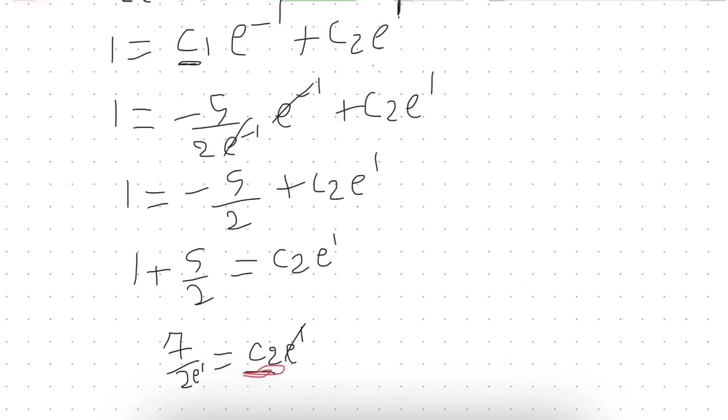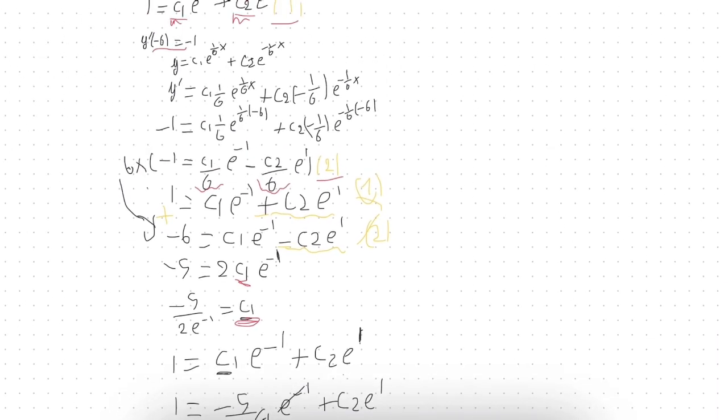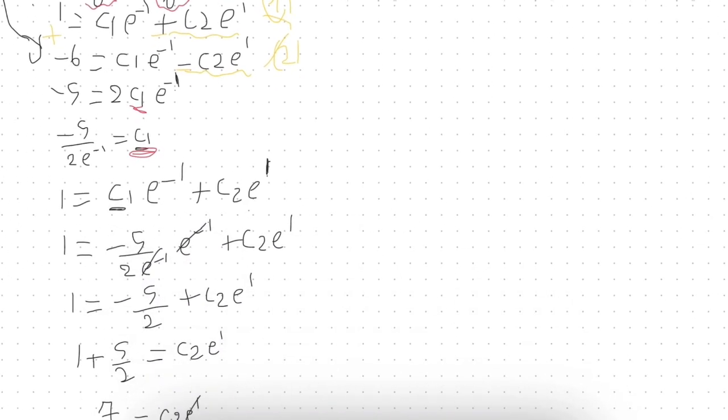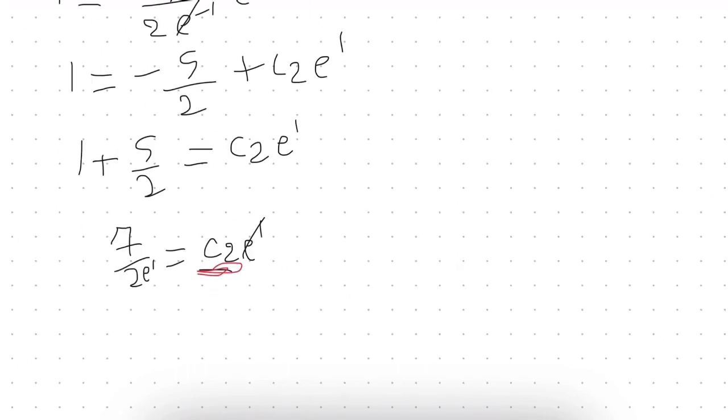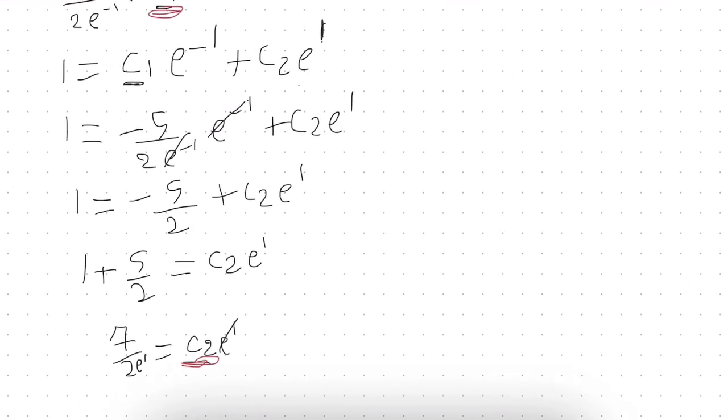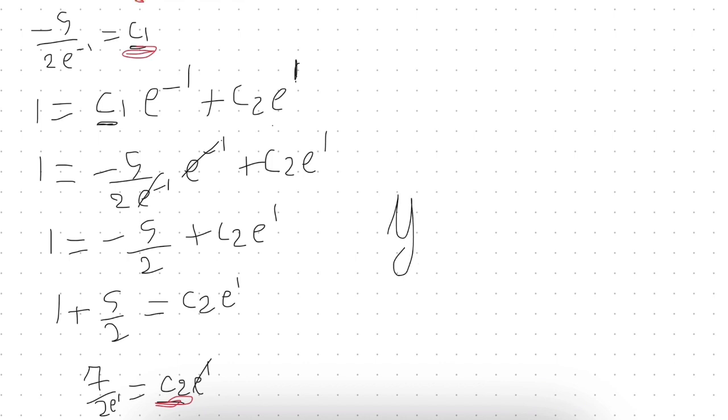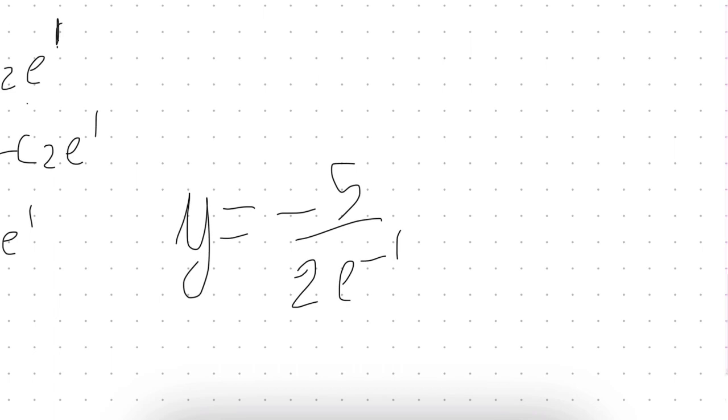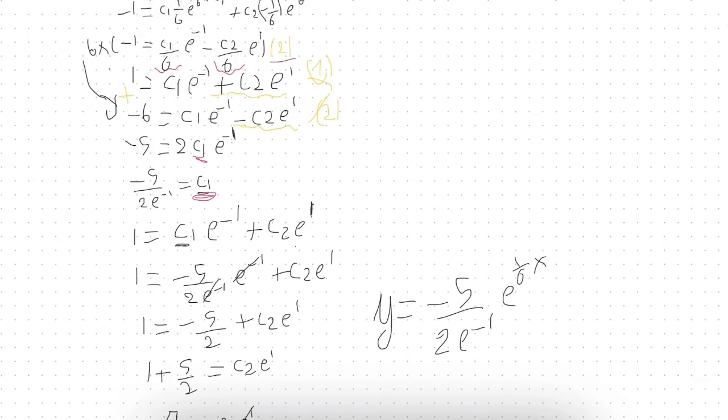Now that we found these values, we're going to plug them back into our initial equation right here. So y is going to be equal to our C1, which is minus 5 over 2e minus 1, and e to the power 1 over 6x, right?